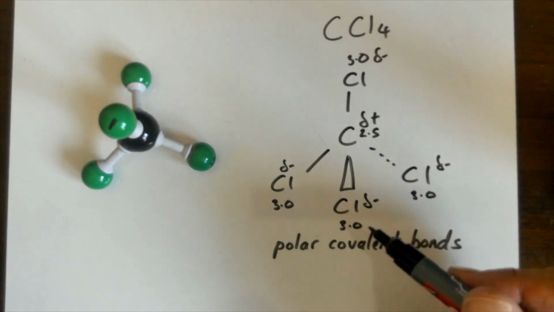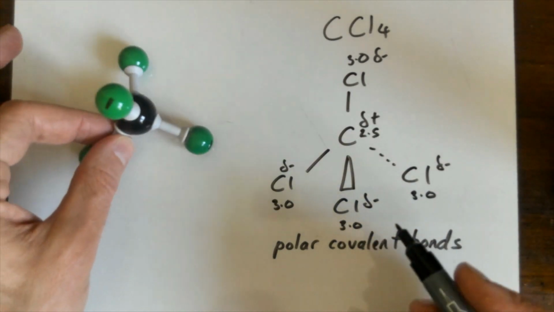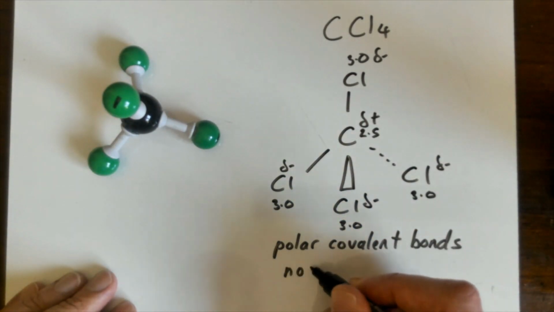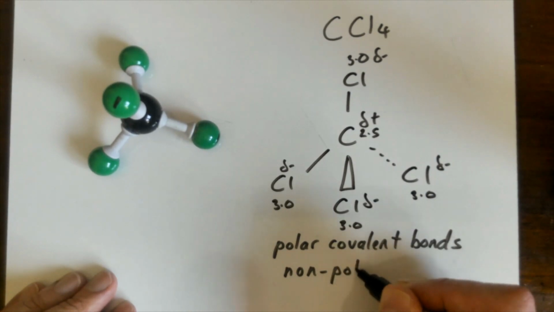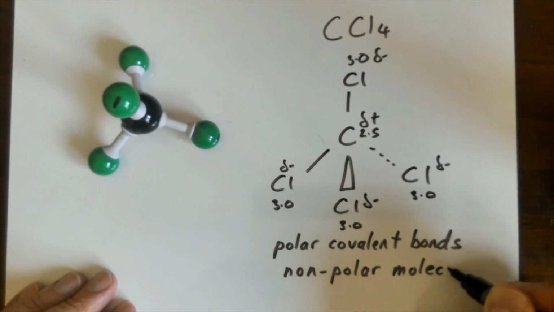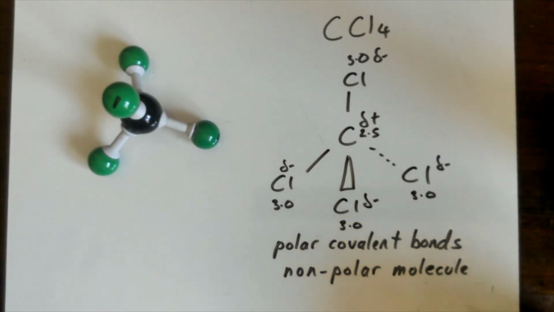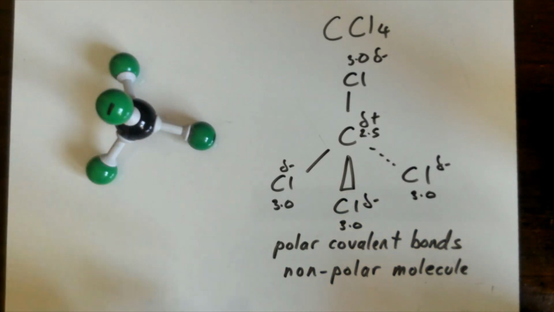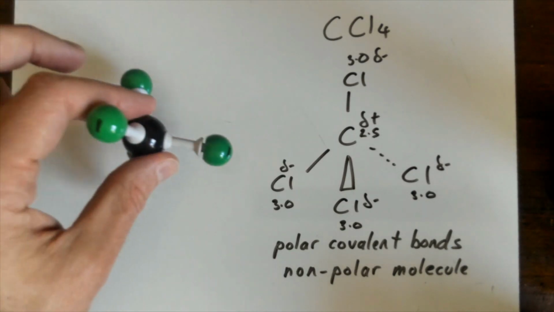So because the molecule is symmetrical, we say that we have a non-polar molecule. We often say that the polar covalent bonds cancel each other out. So it's possible to have a non-polar molecule with polar covalent bonds if it's symmetrical in shape, like this.